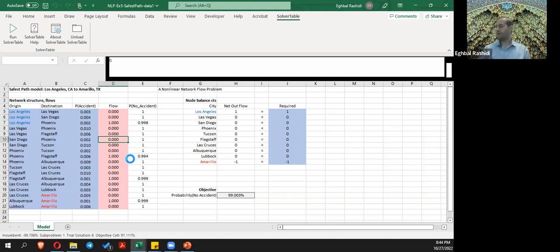It's still running because it's binary nonlinear programming, so it's more difficult. I can't help it, so I have to just wait.